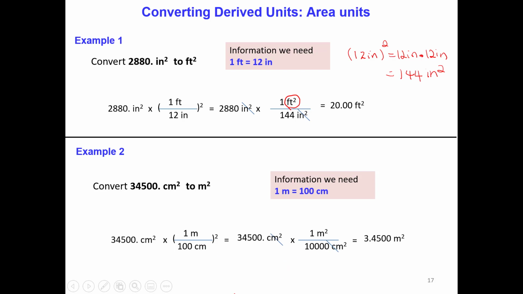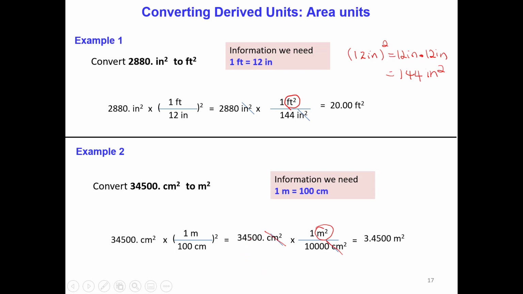Now you can see here we can cancel out this. Now we had the same units. So we had square centimeters, we can cancel out these units. And the answer is in square meters, is the unit we want. Then again, what to do?